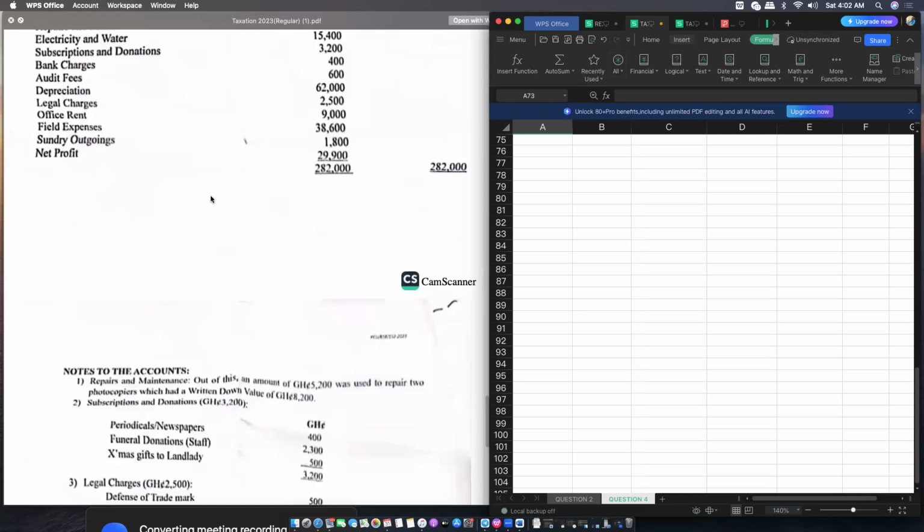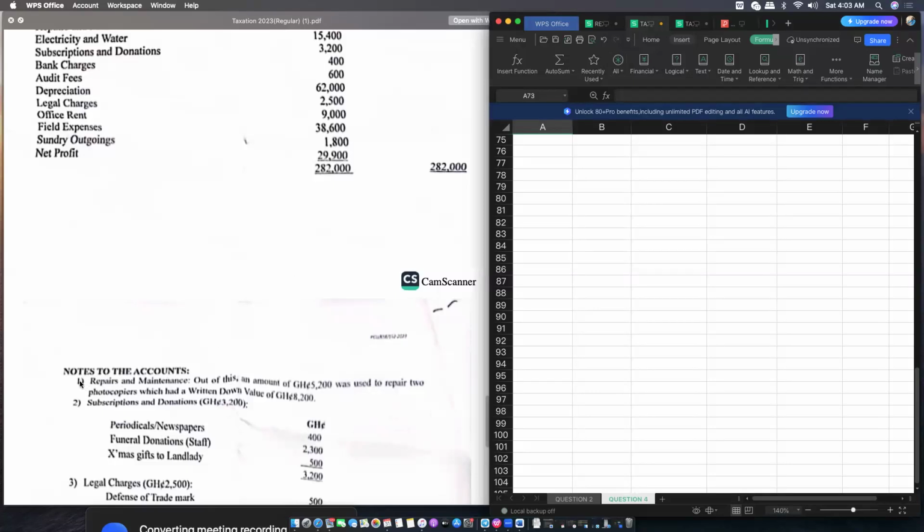Don't worry, I'll show my Excel. Am I sharing my screen? Yes. So we will first bring our net profit. Then we'll add repairs and maintenance.